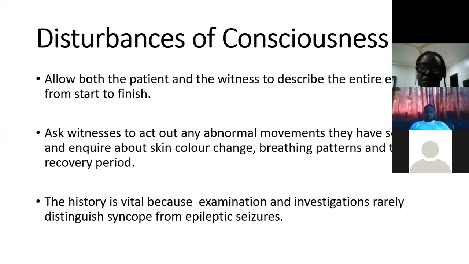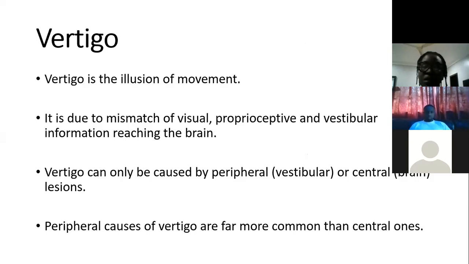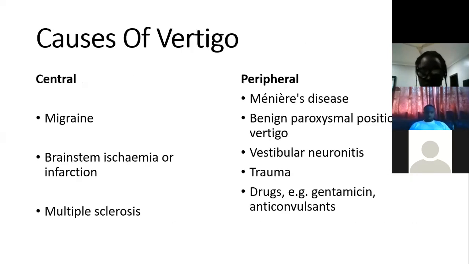Okay. So let's look at vertigo. Vertigo is the sensation of rotatory movement. So it's an illusion of movement. And usually it gives a certain impression.